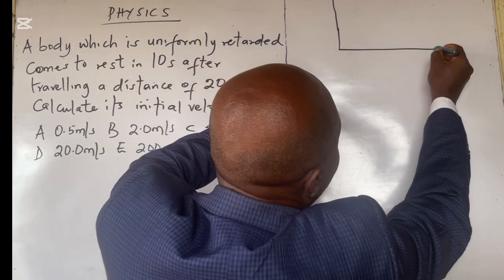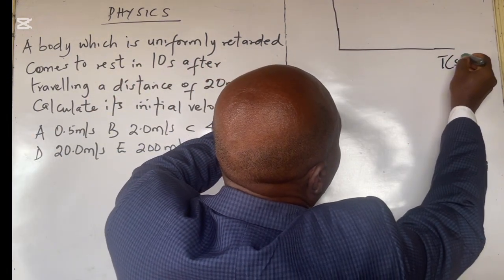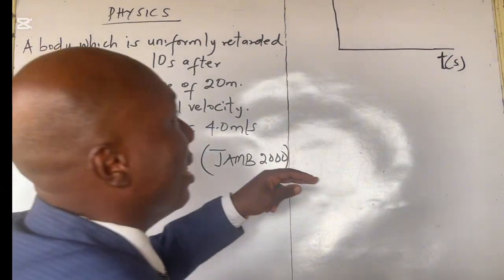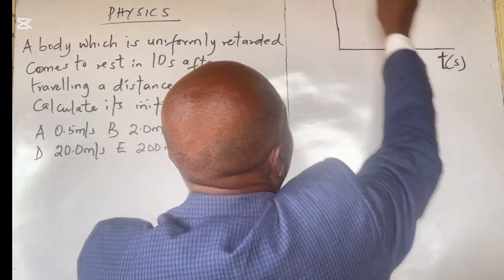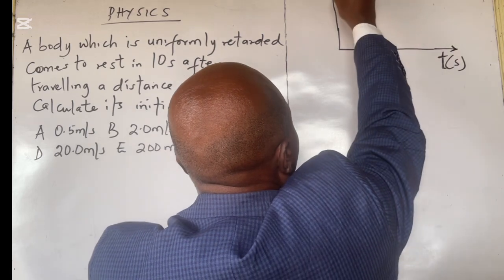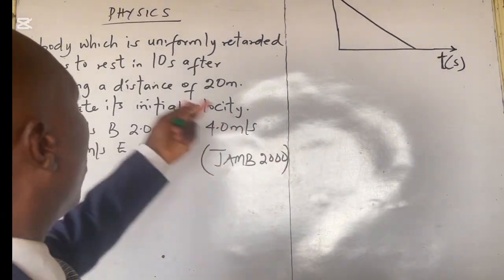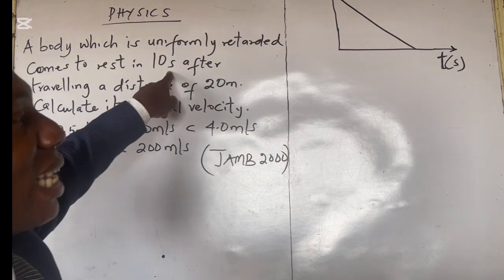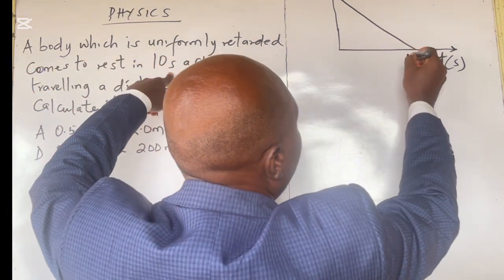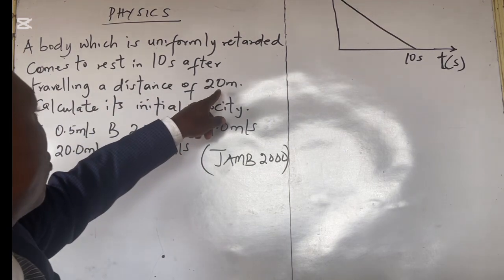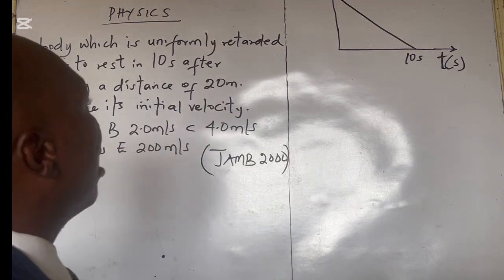This is our time in seconds. Because it is retarding, this is the graph. So we said it comes to rest in 10 seconds. So this is 10 seconds. After traveling a distance of 20 meters, calculate its initial velocity.